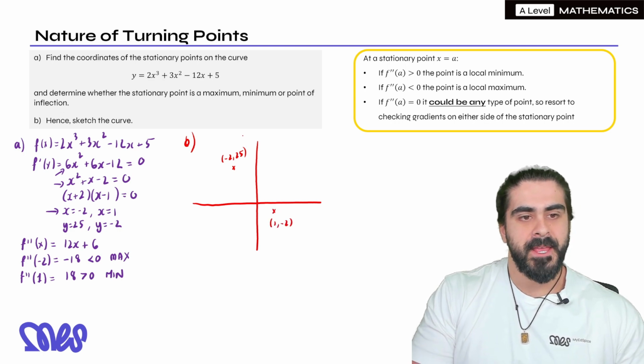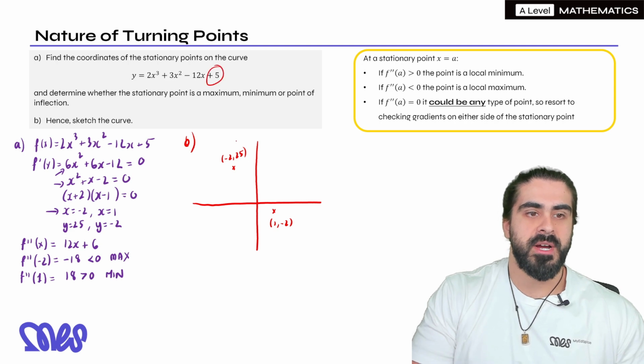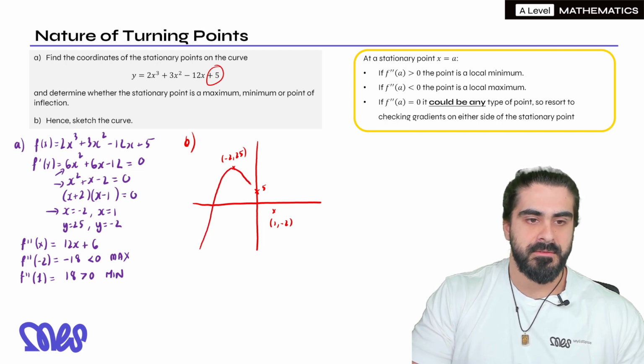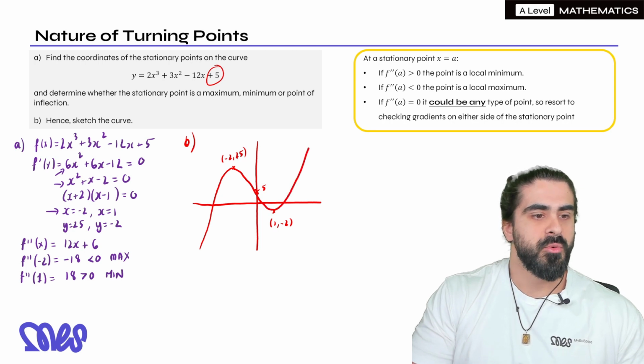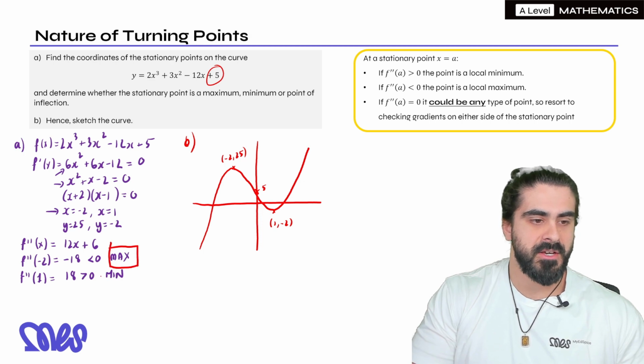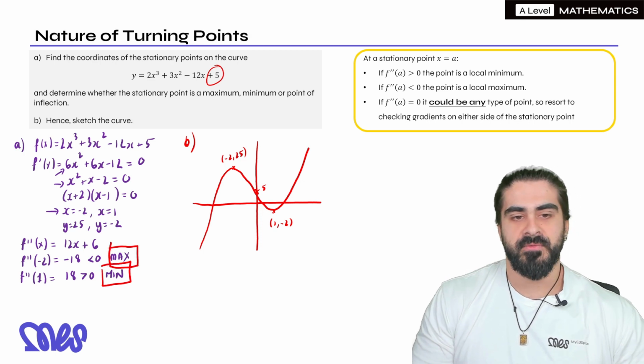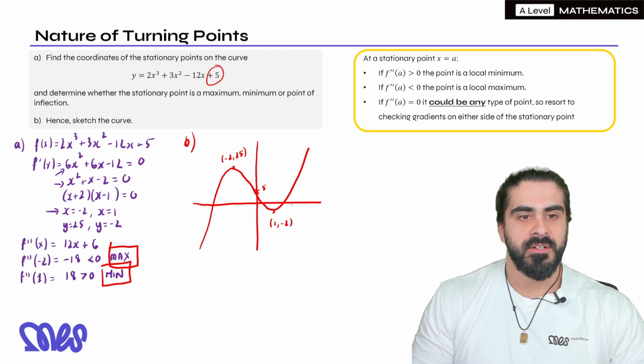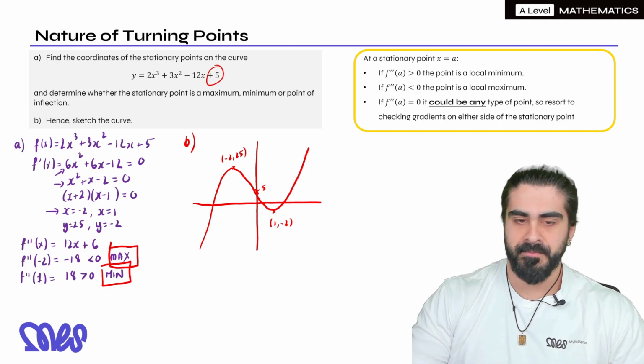It's not to scale. But another thing we know is where it crosses the y-axis because of that plus 5. So it's going to cross somewhere here maybe at 5. So our cubic will look something like this. Because remember, we proved that at minus 2, 25, it was a maximum, and the other one was a minimum. So this is just a very quick sketch as to what that cubic looks like.